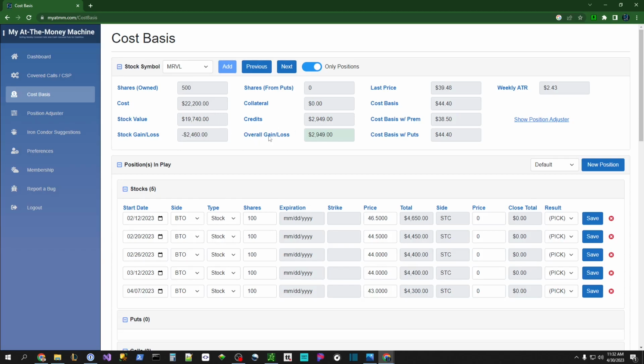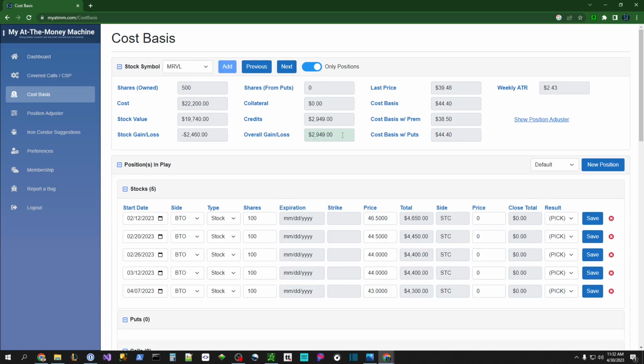However, during this time frame, we have collected $2,949 in premium so far on the stock. So minus that, we're still actually ahead about $500. And we own 500 shares of the stock.